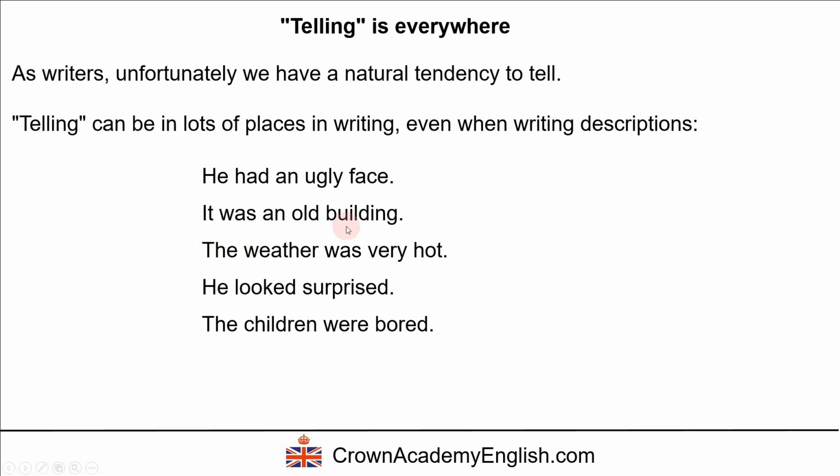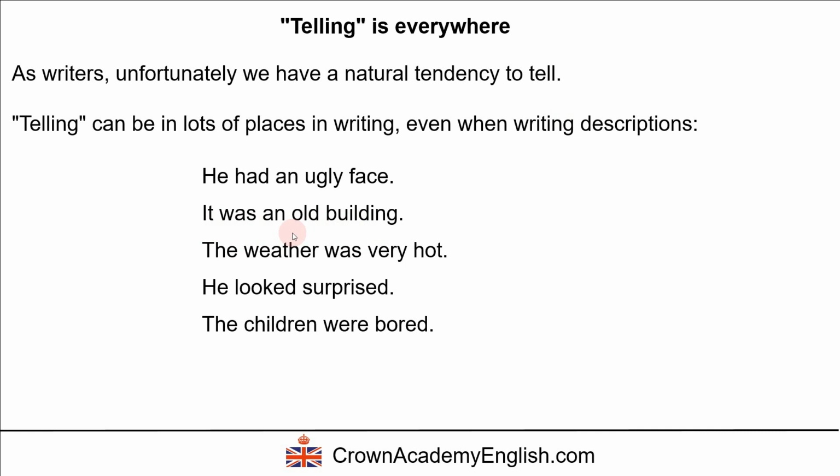It was an old building. Or think of ways that we can express this idea through showing. We could perhaps describe in detail, I don't know, the cobwebs on the building, or the fact that the bricks are falling off it and there is maybe rust on some of the window frames, for example.